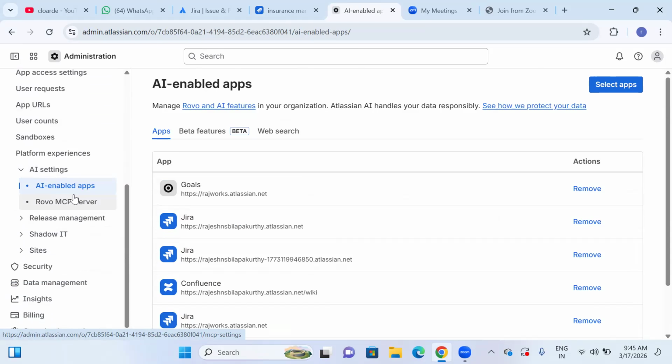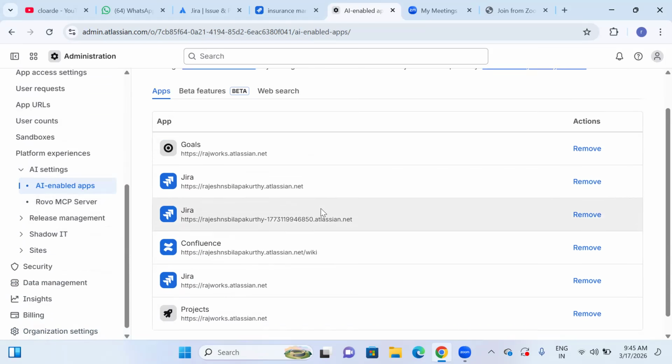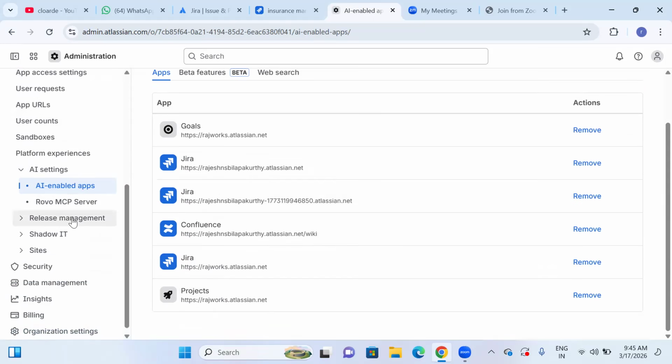These are the different AI-enabled apps we have, which are predefined apps. So to have more knowledge of Jira administration from an artificial intelligence point of view, understanding these apps and working on these apps is advisable. Okay, so this is one thing that we can do.